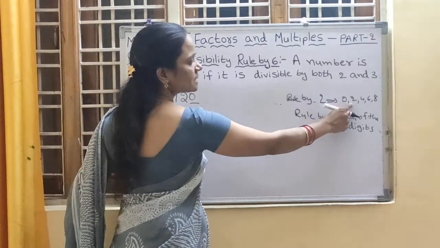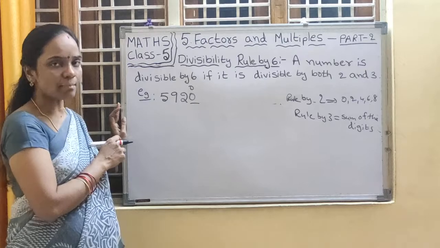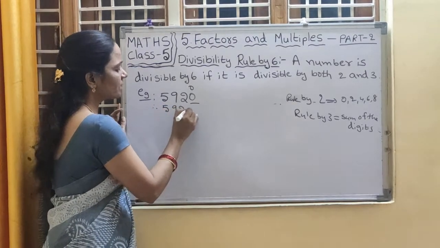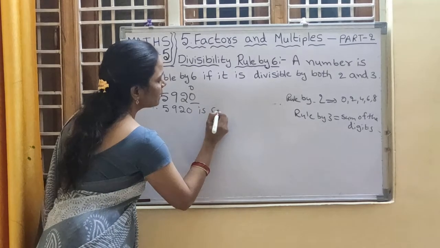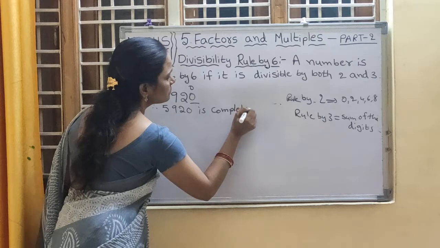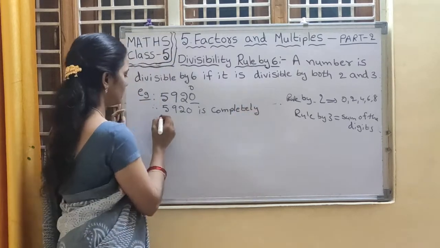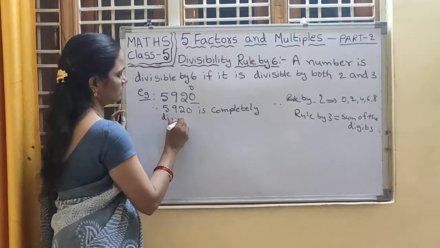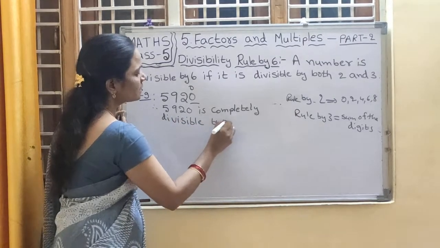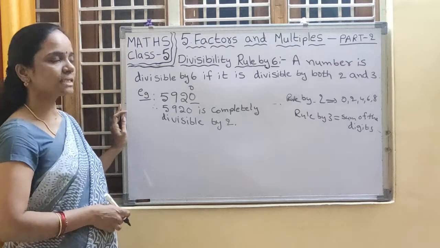If the ones place digit is 0, we can say that the given number is completely divisible by 2. Write down, therefore 5,920 is completely divisible by 2.